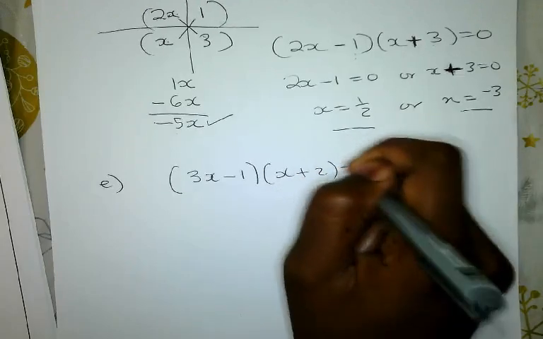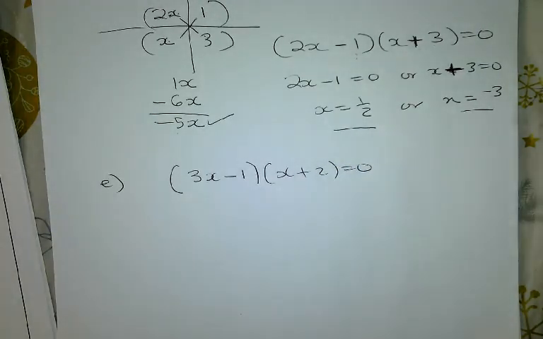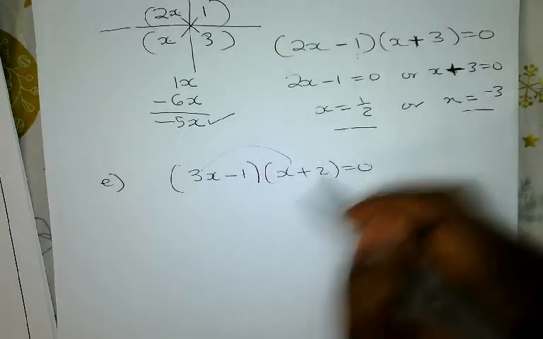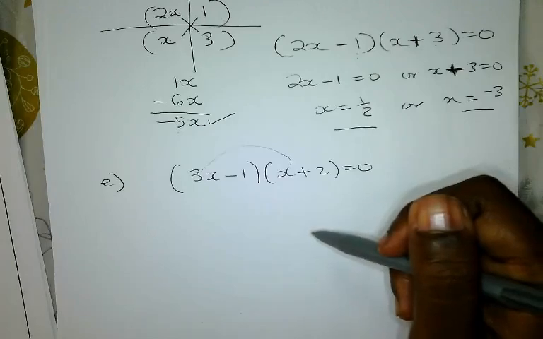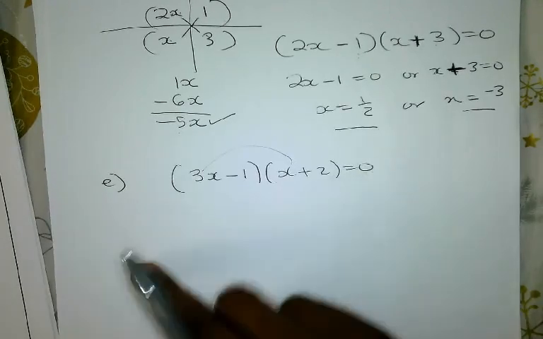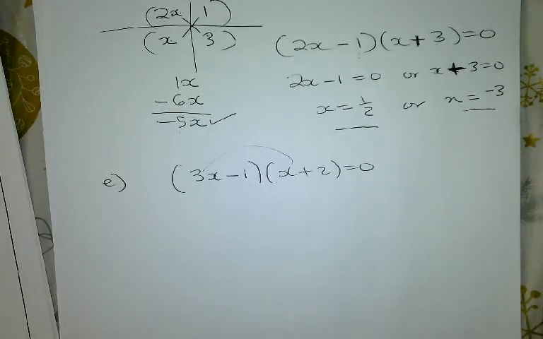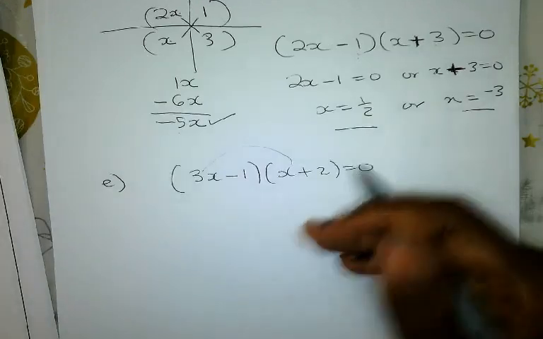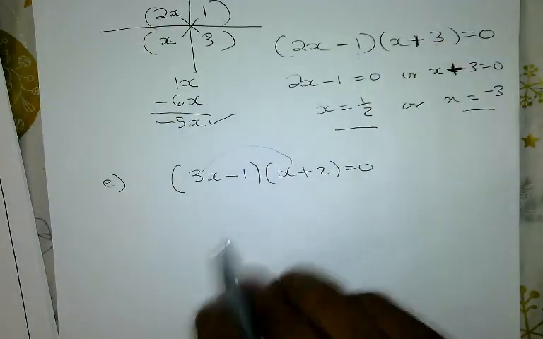So what are you going to do when you're given such a question? You can see, if I were to multiply in, it will give me an expression. But I'm going to have to factorize again, which will bring me back to this question.